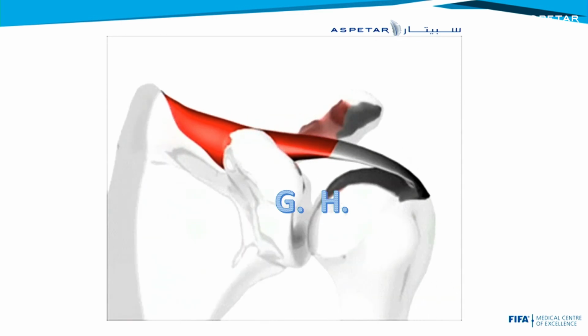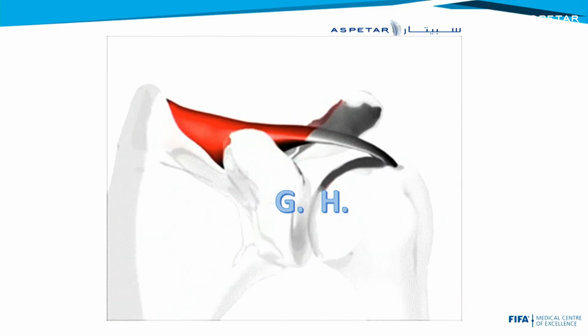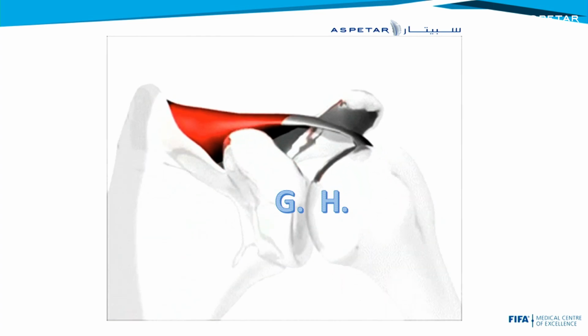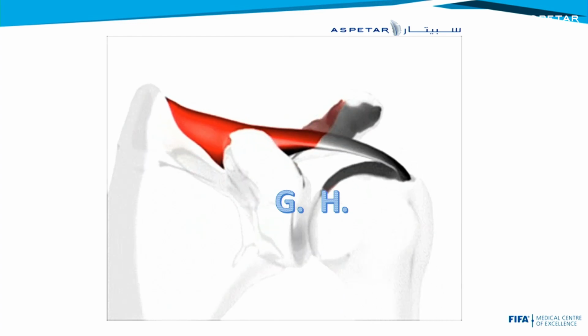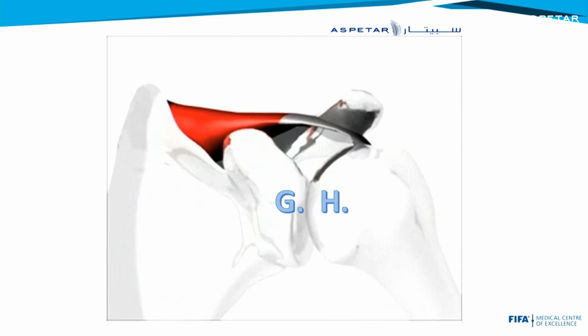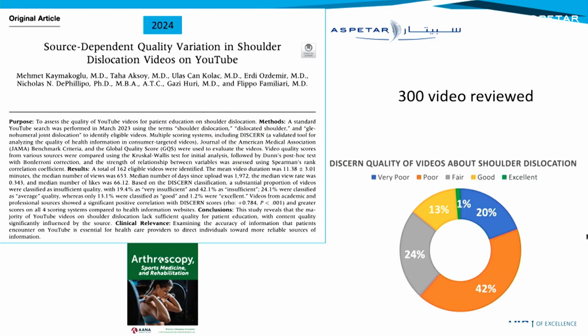But before then, we just published a paper. Social media is very popular nowadays. Just a quick reminder: don't believe everything that you watch on YouTube or any social media, because we reviewed 300 videos about shoulder dislocations last year and published in the Arthroscopy journal, and only 1 out of 300 was excellent.